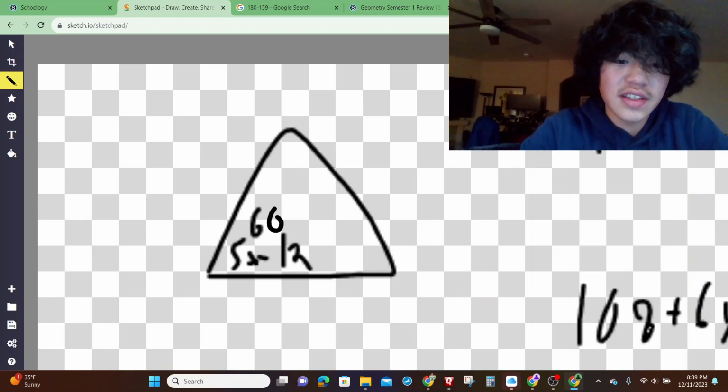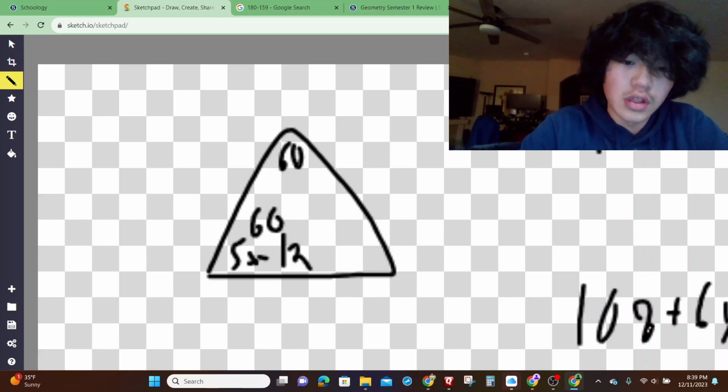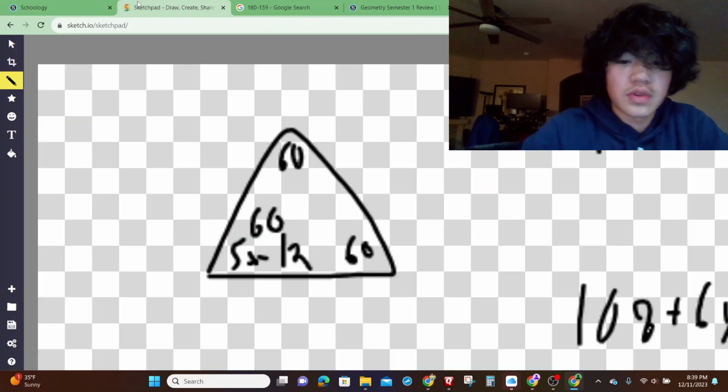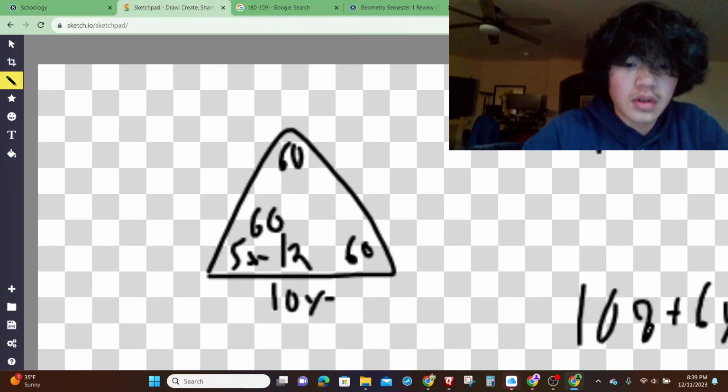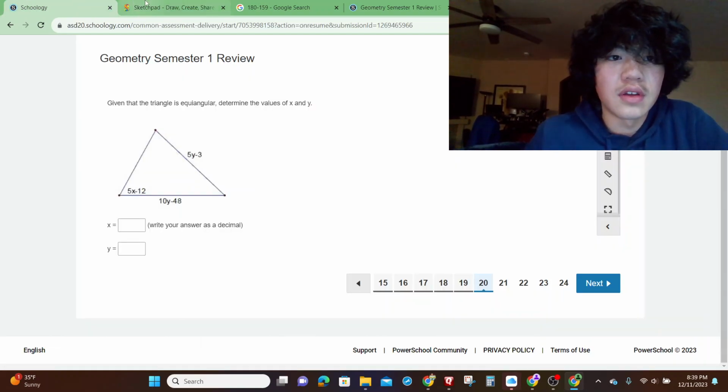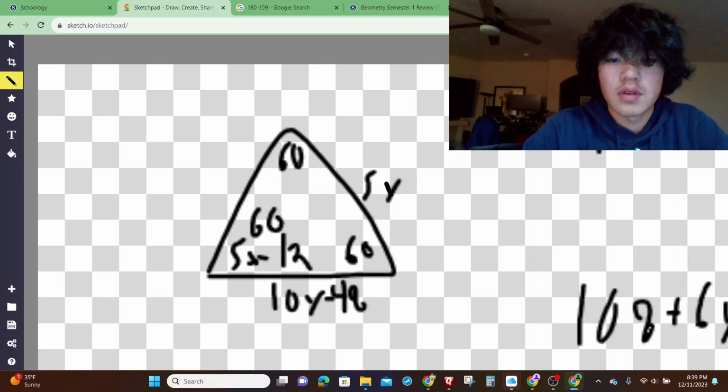So let's just mark 60 because we already know all these sides are going to equal 60. And 10y minus 48. Then 5y minus 3.